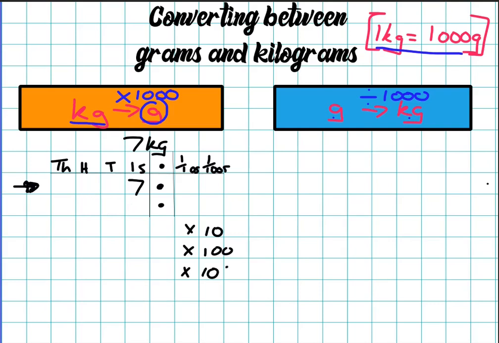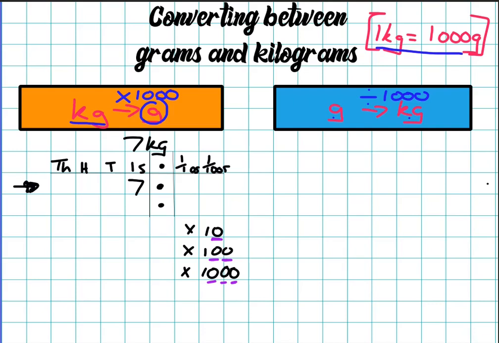Times by 1,000 is going to be 3 jumps. So you can see there's a bit of a rule of thumb here, because we can see however many zeros is the number of jumps, the number of place value columns we have to move our digit along by.